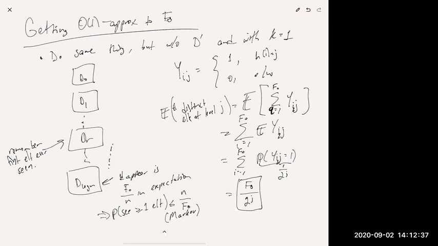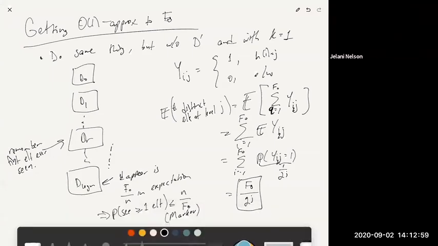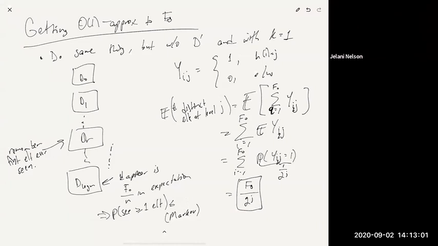But as written, if f0 gets larger, the probability you see greater than one element becomes smaller? No. If f0 is larger, then the probability you see greater than or equal to one element also becomes larger. Oh, I see what you mean. Yeah, so actually, I inverted it. I think that's what you're saying. This should have actually been f0 over n.